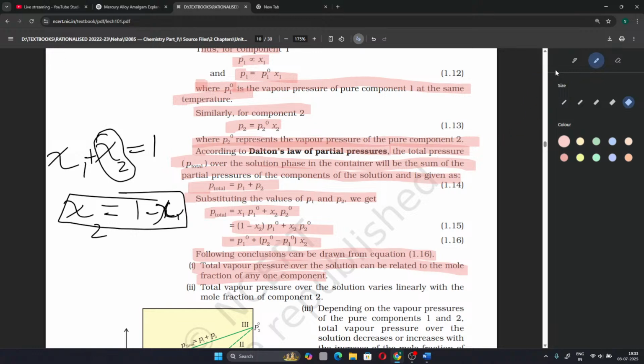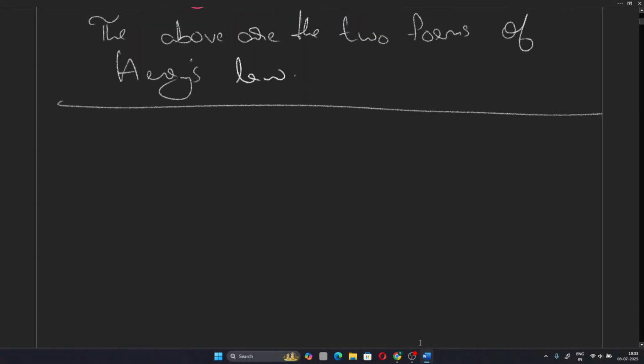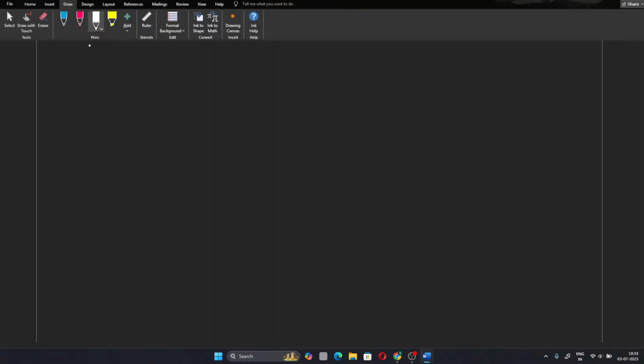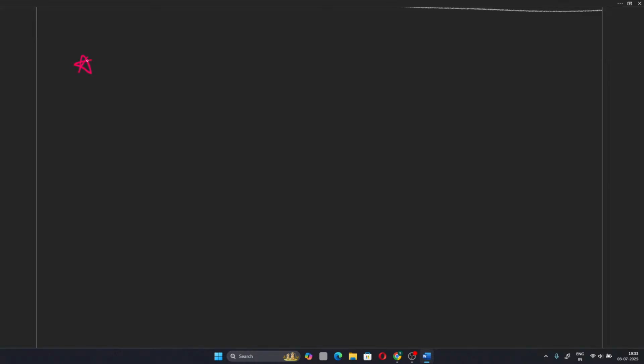In this case, they just spread out the formula basically. Raoult's law: the partial pressure of 1 depends on the mole fraction of 1.